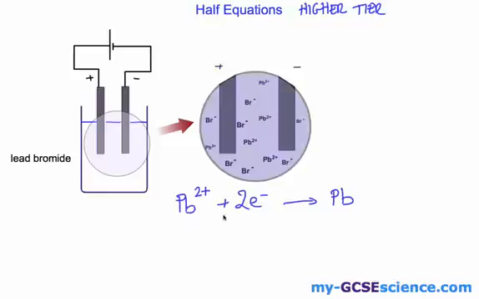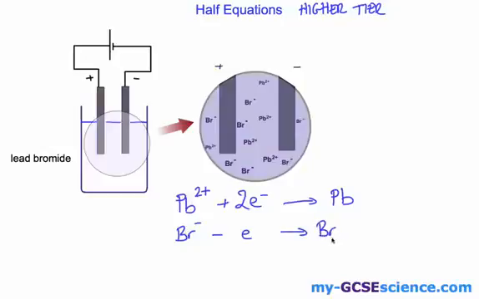At the positive electrode we have bromide, and these have a negative charge, so what we do is we subtract an electron, and that gives us bromine gas.